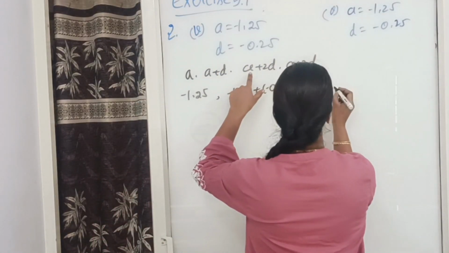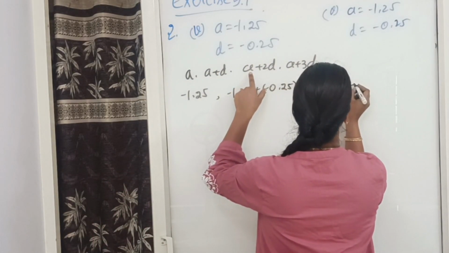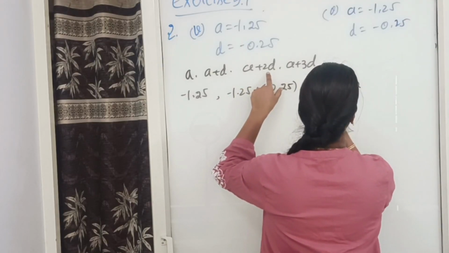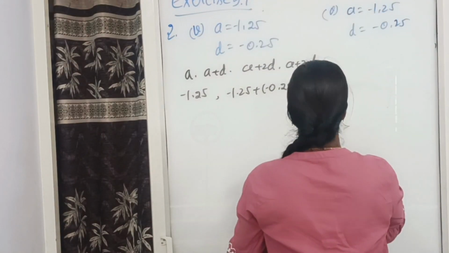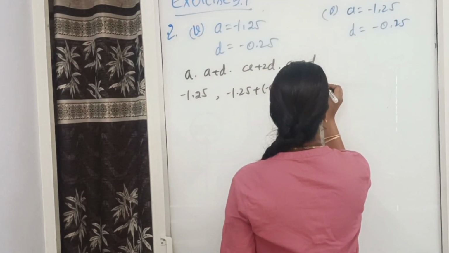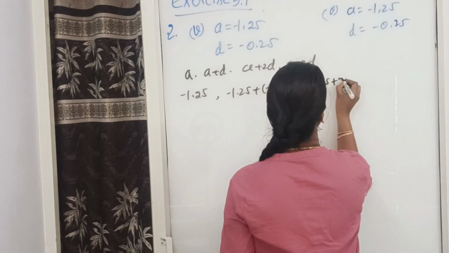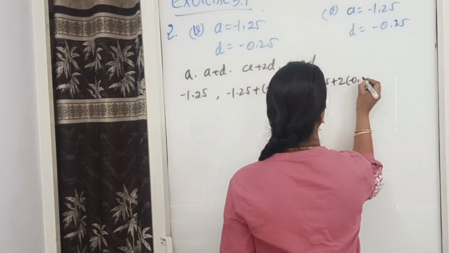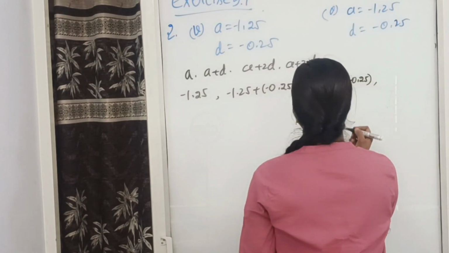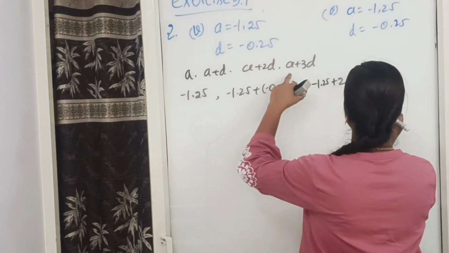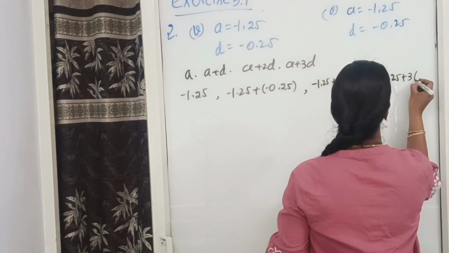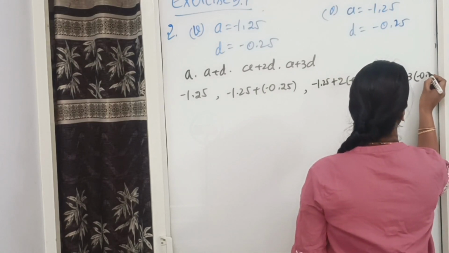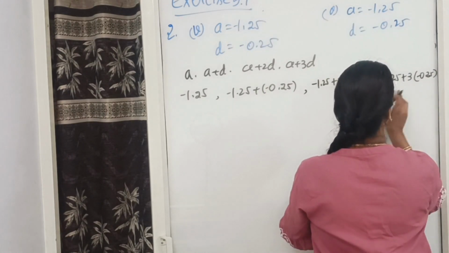The third term is minus 1.25 plus 2 times minus 0.25, and the fourth term is minus 1.25 plus 3 times minus 0.25.